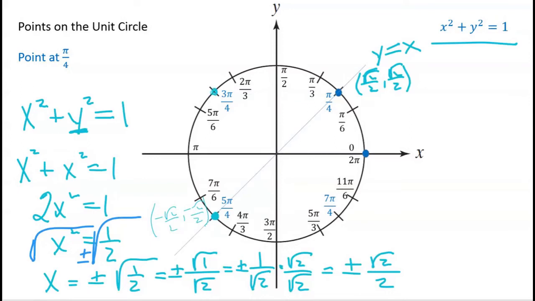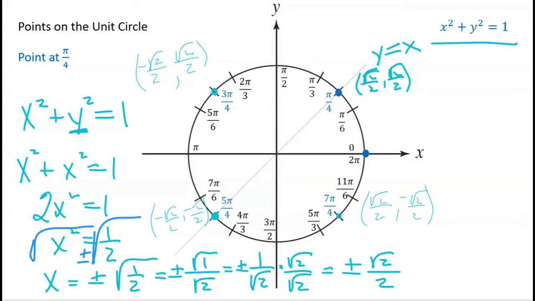What we know is the y values are the same right there. They're both positive square root of 2 over 2, but the x value is going to be negative. So this point is negative square root of 2 over 2, but the y is positive square root of 2 over 2. And then symmetry here, we know what's going on there. The x is positive, but the y is negative.